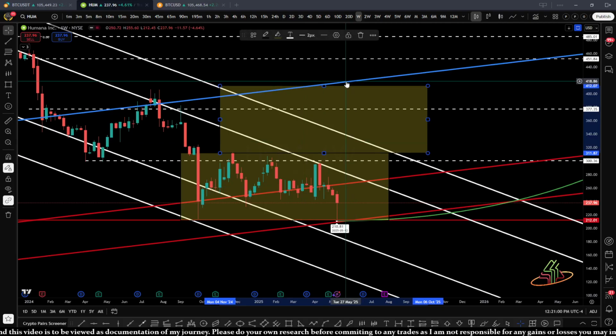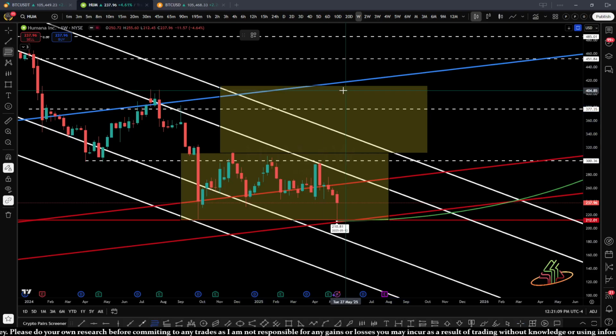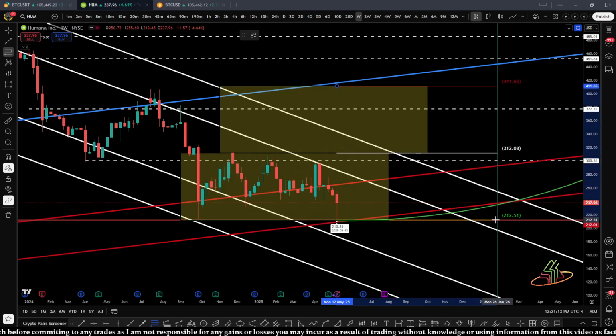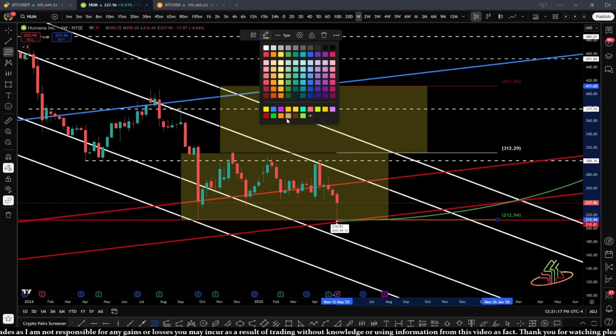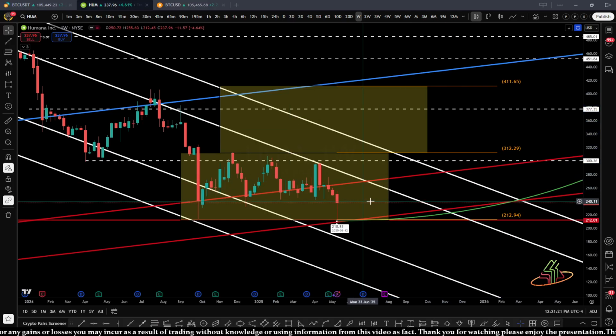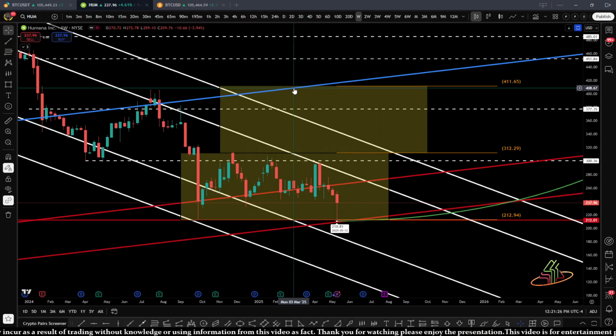All right, so then 412 for a target, we could take our fib or our premium discount range from the top of the range down here to the bottom. Change this into gold just to make my life easier so I can see it. So we know that we're going to 412 or roughly 412.